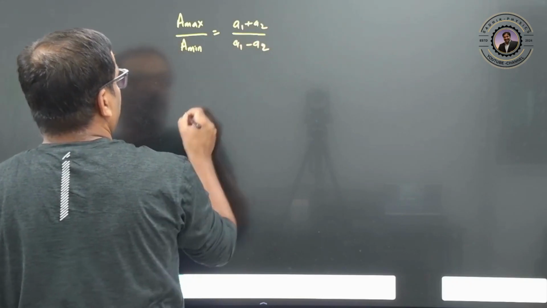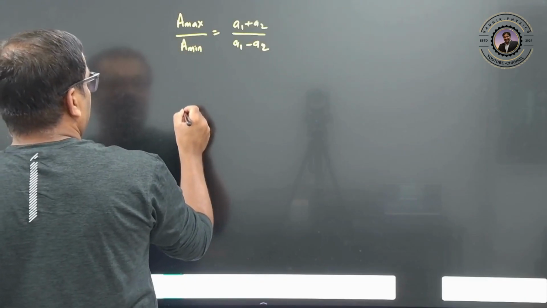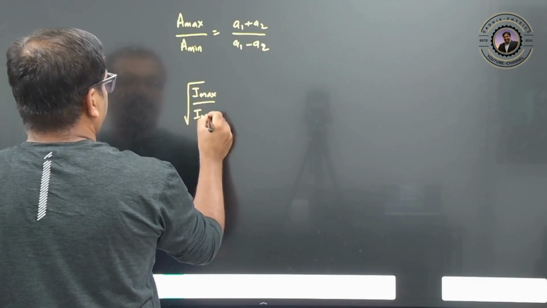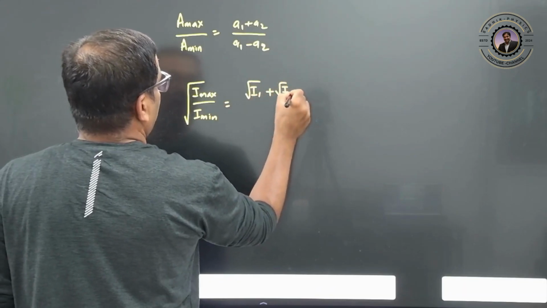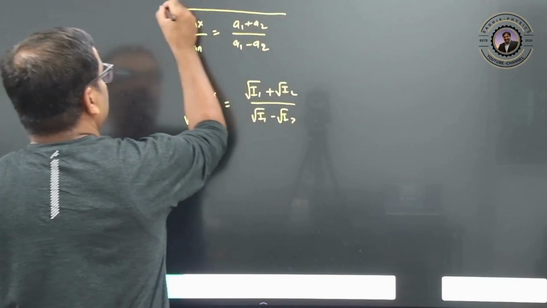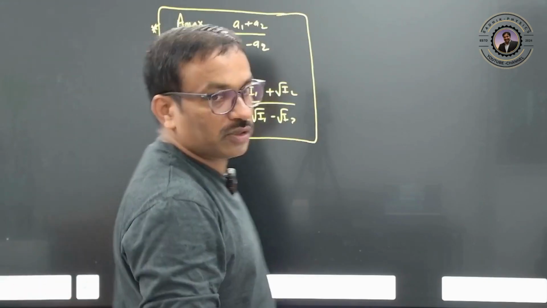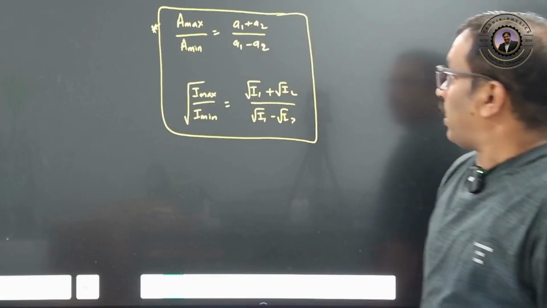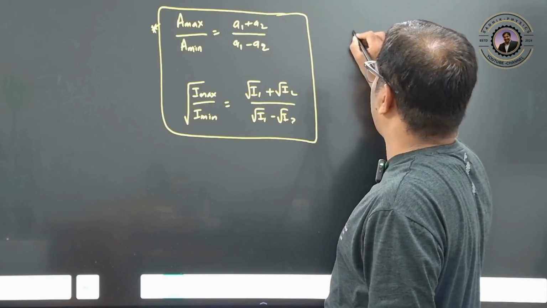Applying the square root on the intensity ratio, root of I max by I min is root I1 plus root I2 by root I1 minus root I2. So these are the maxima and minima ratios. Most of the time you can expect questions based on this formula. Clear?